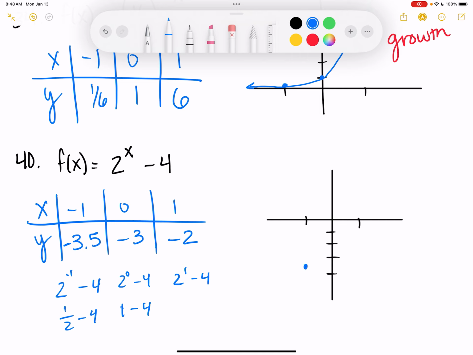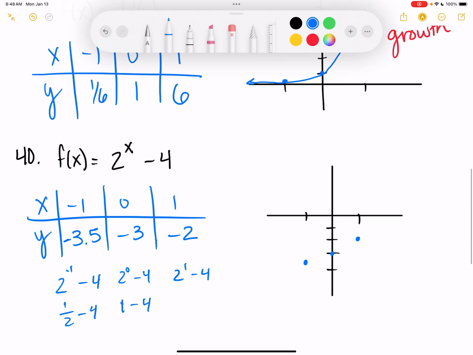At 0, I'm at negative 3. And at 1, I'm at negative 2. So this one's still a growth function. It's just been shifted.